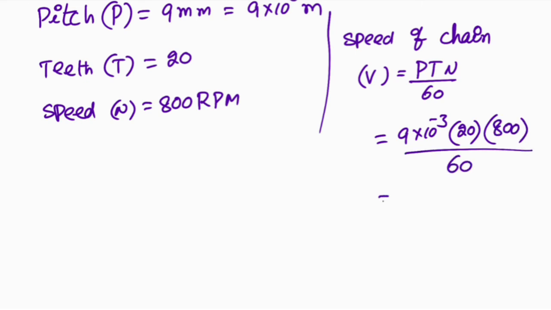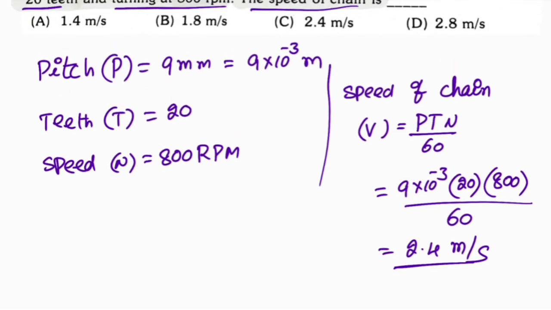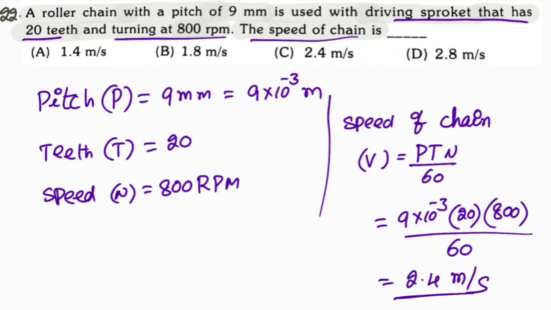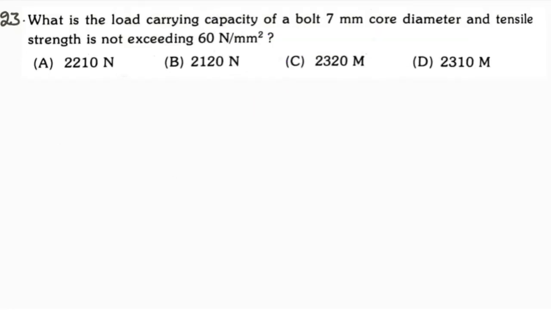You simplify this value to have around 2.4 meters per second. This is the answer. I hope you got my point. Look at the options. Option C is absolutely correct. Let us take another problem. Look at the next problem.